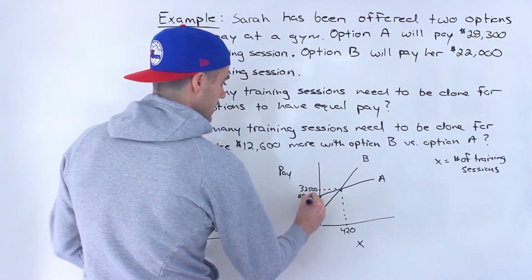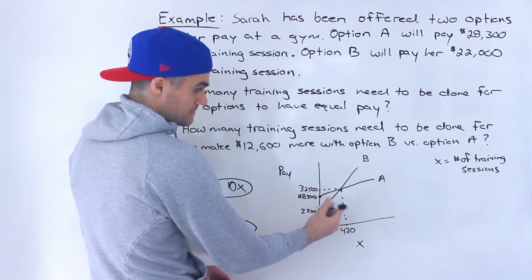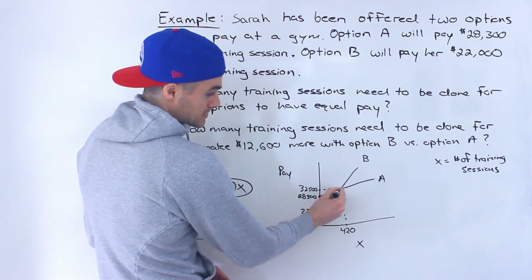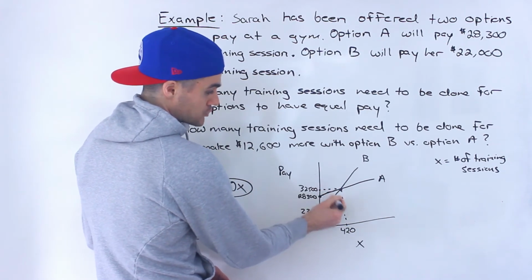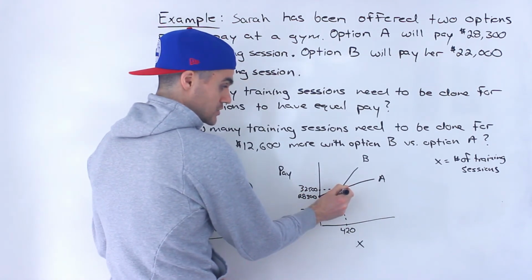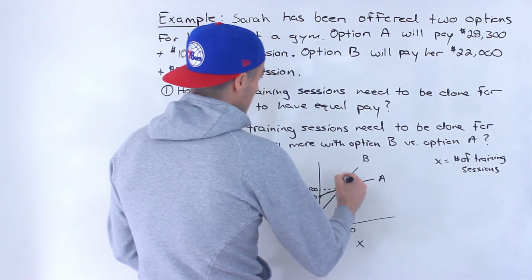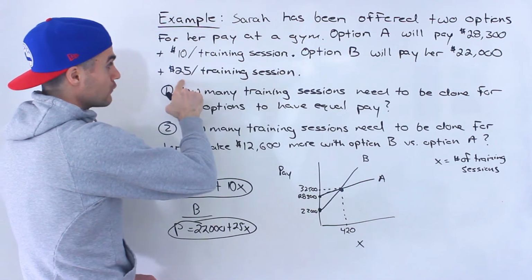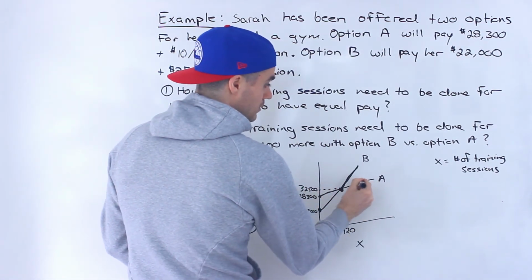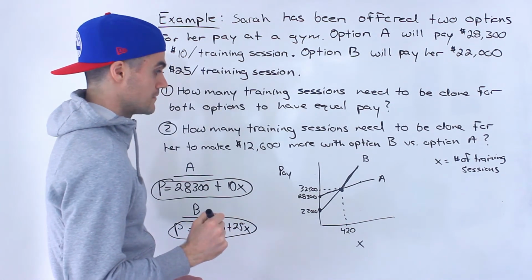Again, this is not to scale, but that's how it looks. So for less than 420 sessions, she would get more money with option A versus option B. Notice that option A is always above option B for less than 420 sessions. At 420 sessions, they would be equal. And after 420 sessions, that higher variable pay is going to take over. So option B would be better than option A. She'll get more pay then.